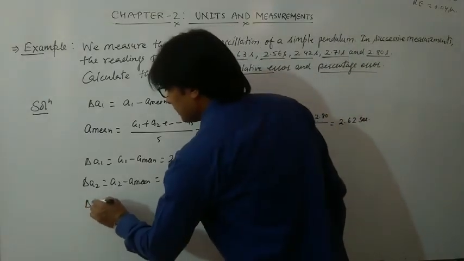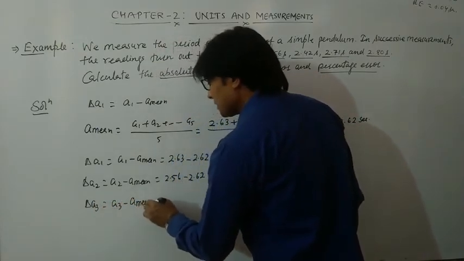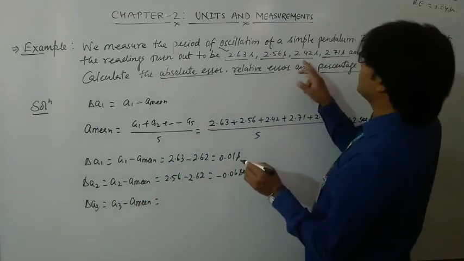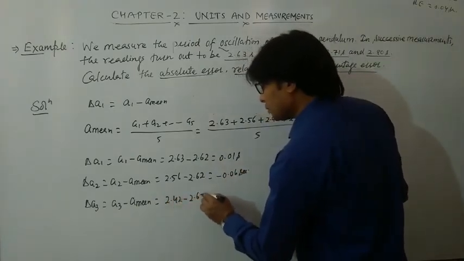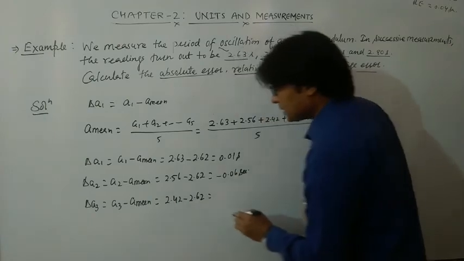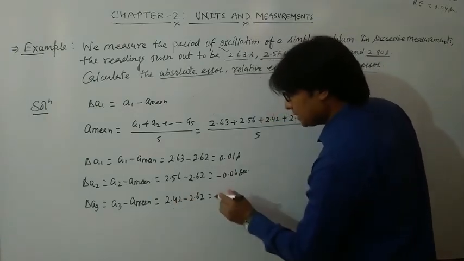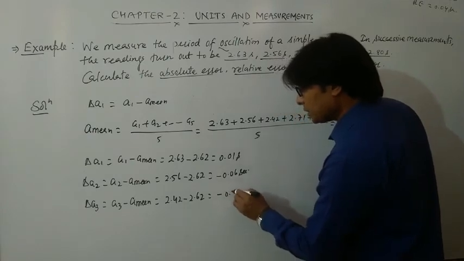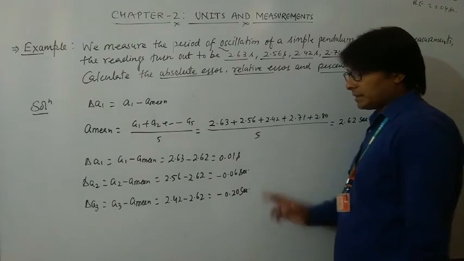Delta A3 will be A3 minus A mean, and A3 is 2.42. 2.42 minus 2.62 will be negative, so minus 0.20 seconds. This is the highest error, and in the negative direction.